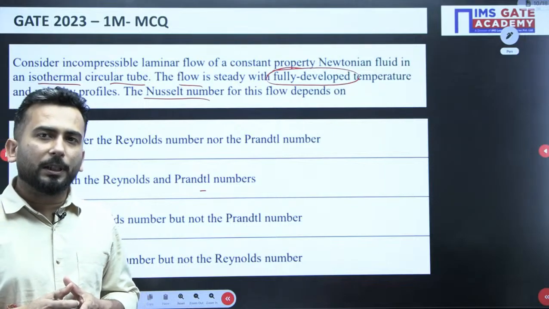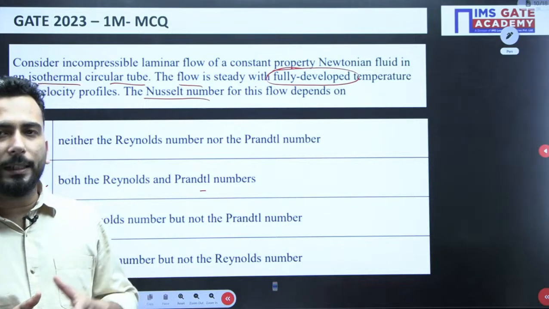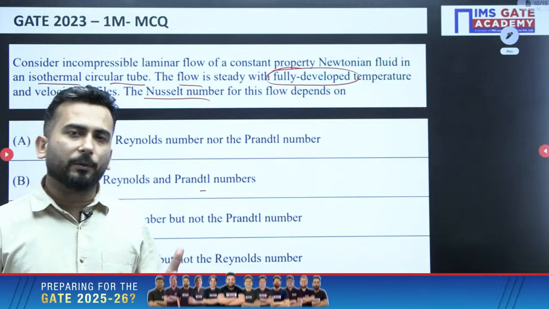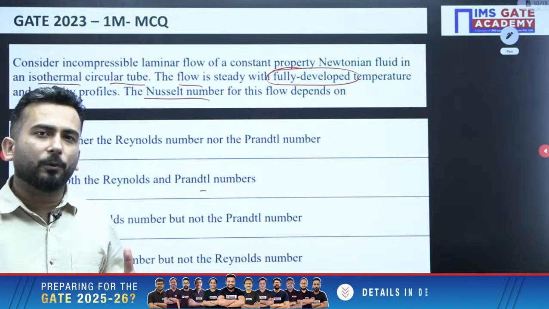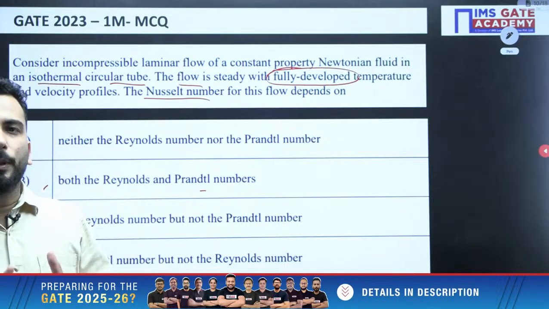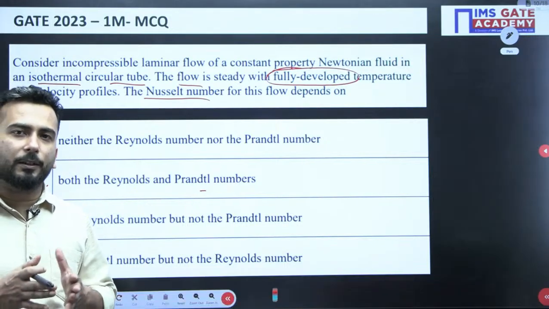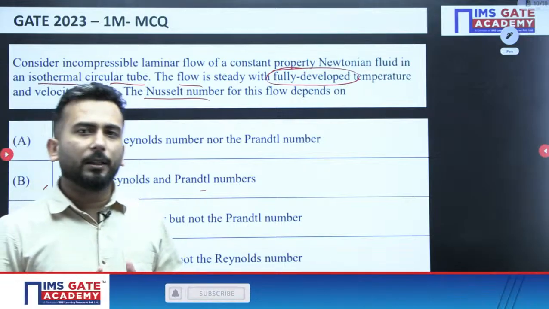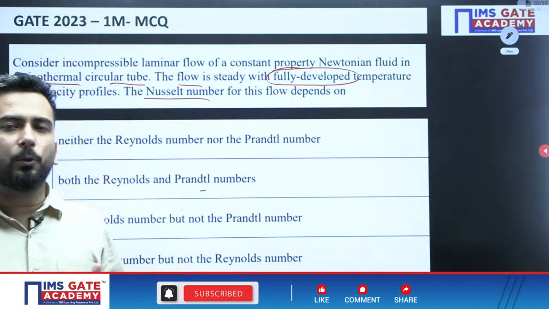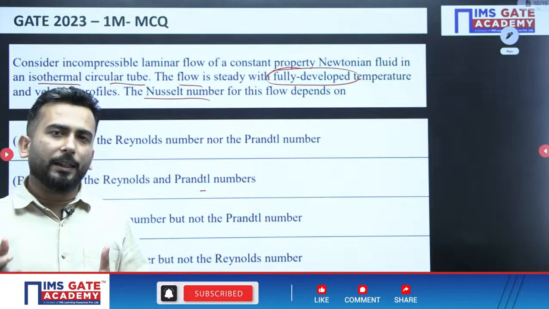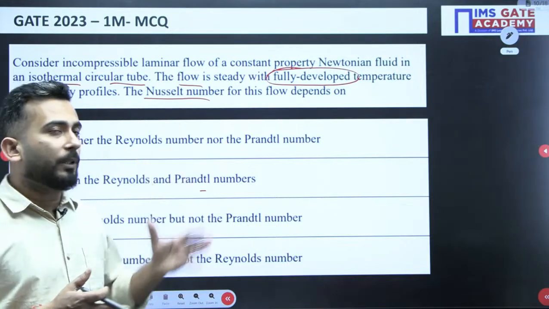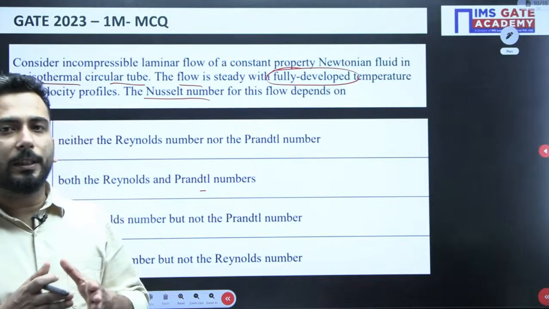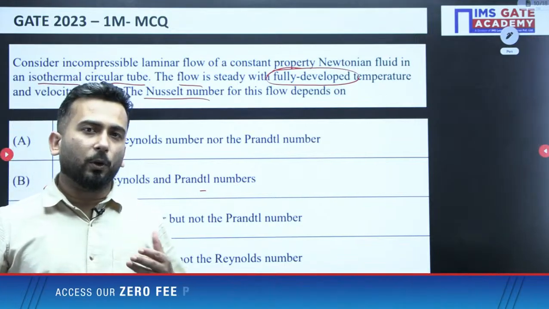Under forced convection we again study two categories: external flow over a flat plate and internal flow in a pipe. This is a question from internal flow in a pipe, and the flow can be laminar or turbulent. When it is laminar, under fully developed conditions the Nusselt number is constant.